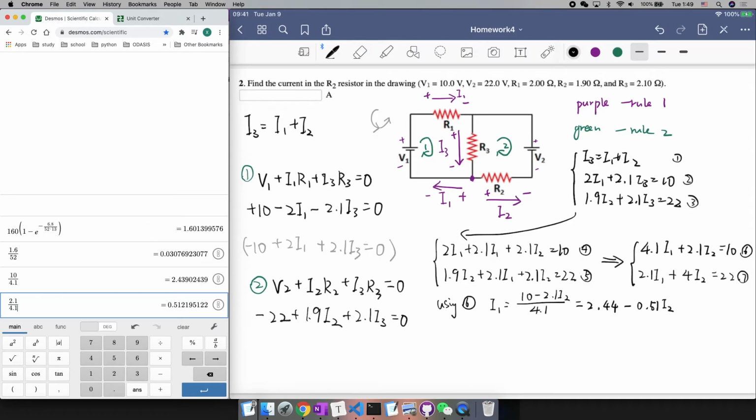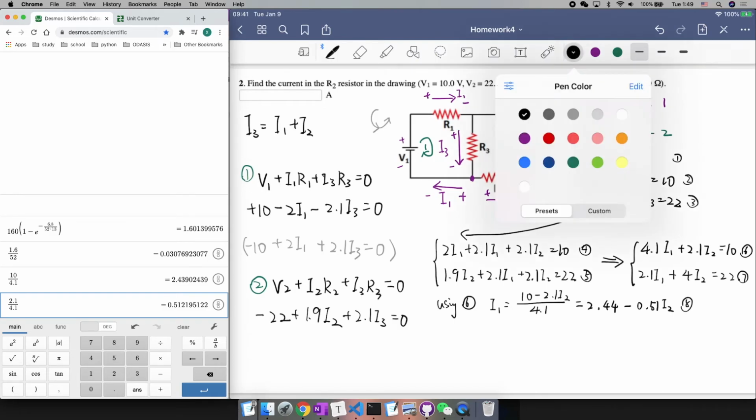So now we substitute equation 8 into equation 7, so we can figure out what's going on with I2, right?